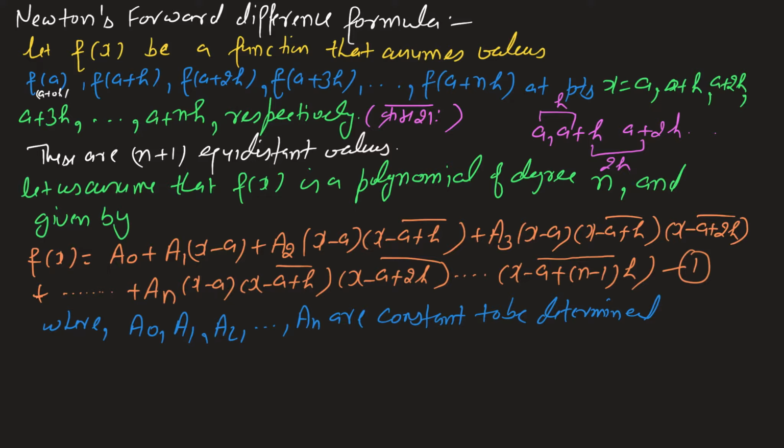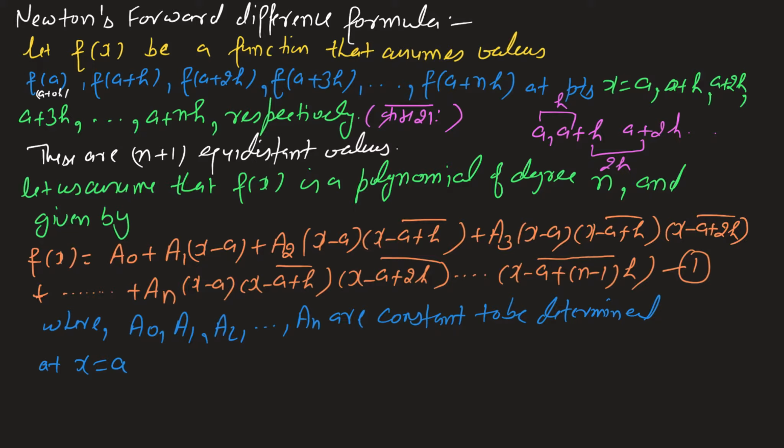Now first we calculate a naught. We are given that f of x at x is equal to a. So if you use x is equal to a, here f of x will be f of a. We are given that at x is equal to a, f of x is f of a.